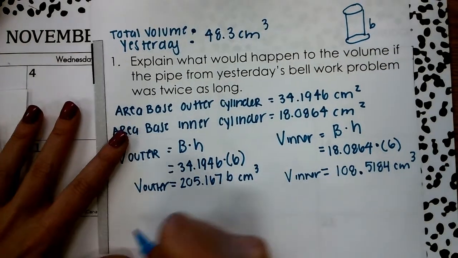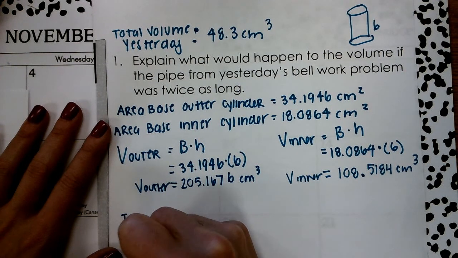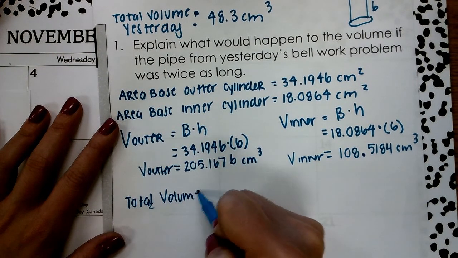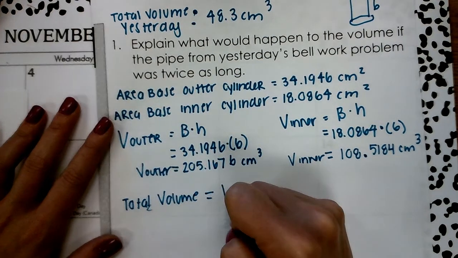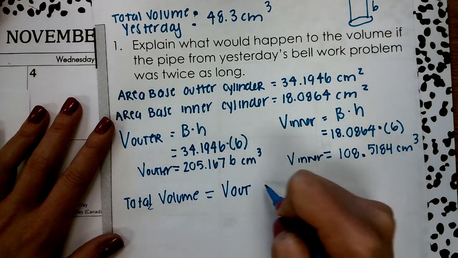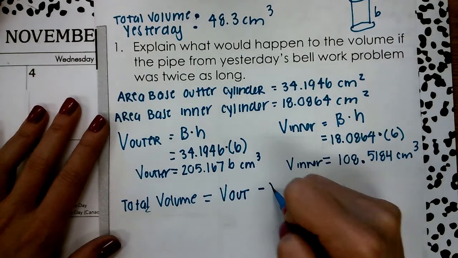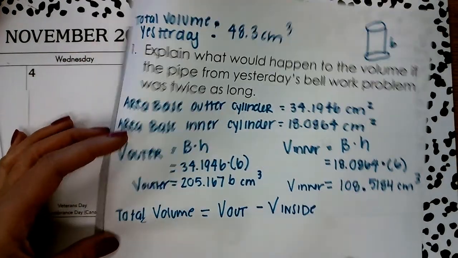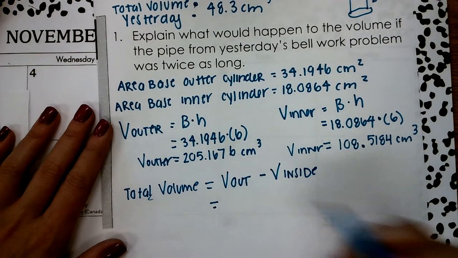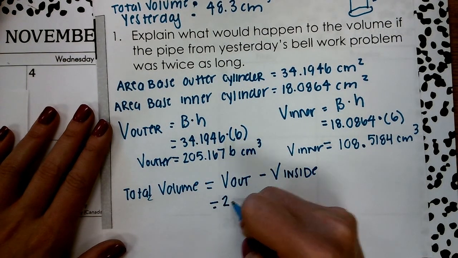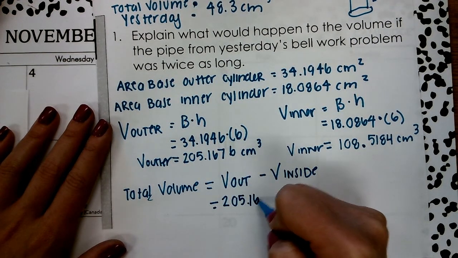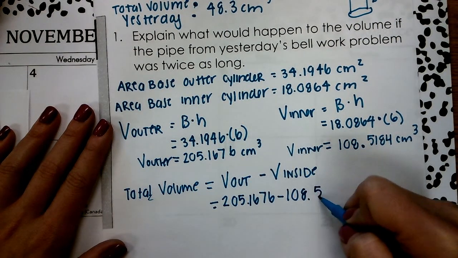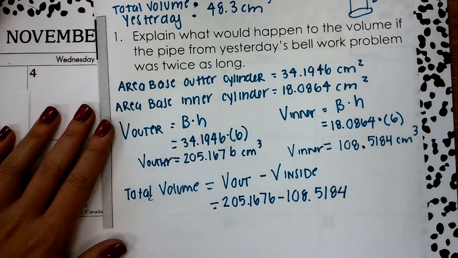To find the total volume, remember, we have to take the volume of the outer cylinder, the volume of the outside, and subtract the volume of the inside, the inner cylinder. So our total volume is going to equal 205.1676 minus 108.5184.